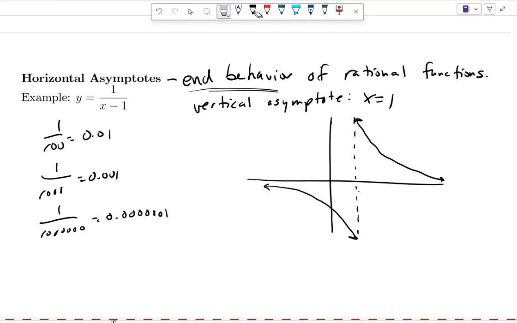And we'll talk a little bit about why I know it has to go this direction on Wednesday. But it gets really, really close to, I'm going to put it in red, that horizontal line. So we say that this has a horizontal asymptote of y equal to 0.